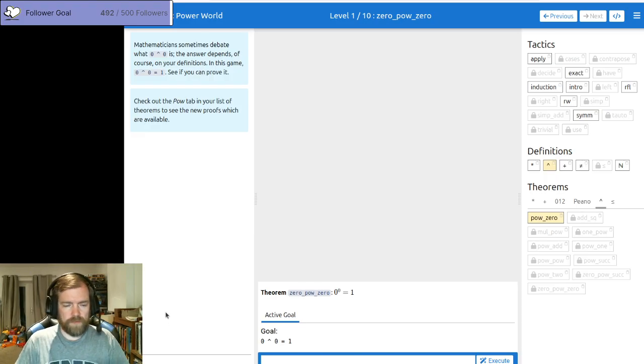Alright, so proof that 0 to the 0 is equal to 1. Now, this is a big asterisk. We've talked about this before when I did this. This is actually an indeterminate form, but Lean is going to decide to prove it this way.